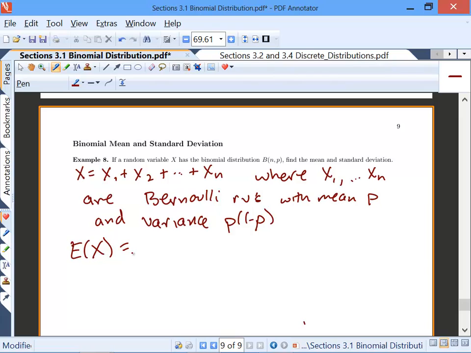So if you're counting it, you're just adding up all of your 1s and 0s. So if I want to find the expected value of x for my binomial random variable, then this is really the expected value of my x1 plus all the way up to xn. And what do we know with our rules for expected values? We can just add up each of the individual expected values.